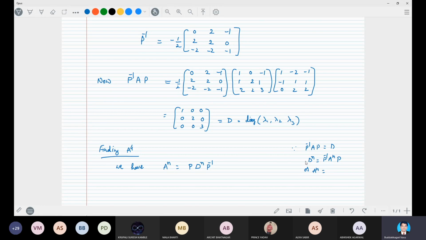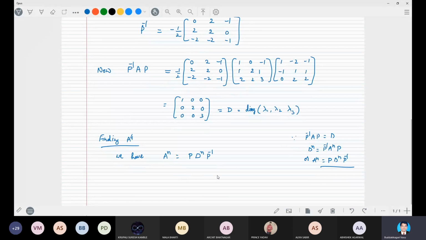Pre-multiply with P and post-multiply with P inverse. Right? A power n is equal to P into D power n into P inverse.